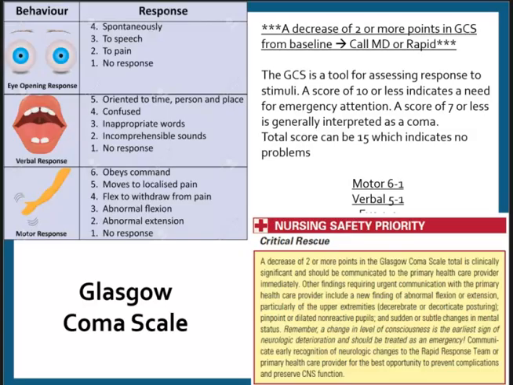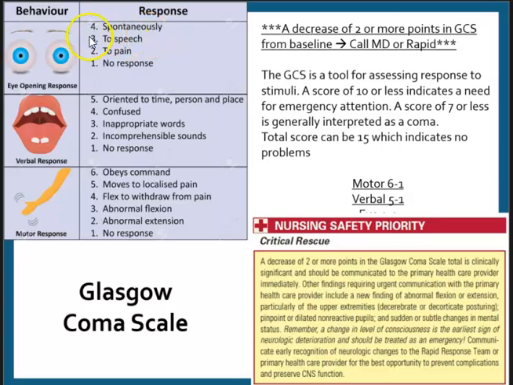So this is just an example of our Glasgow Coma Scale. You guys should be doing them on your clinical packets. So we're going to be looking at the eyes and the response to the eyes. Are they spontaneously open when you walk into the room, or do they only open to pain?